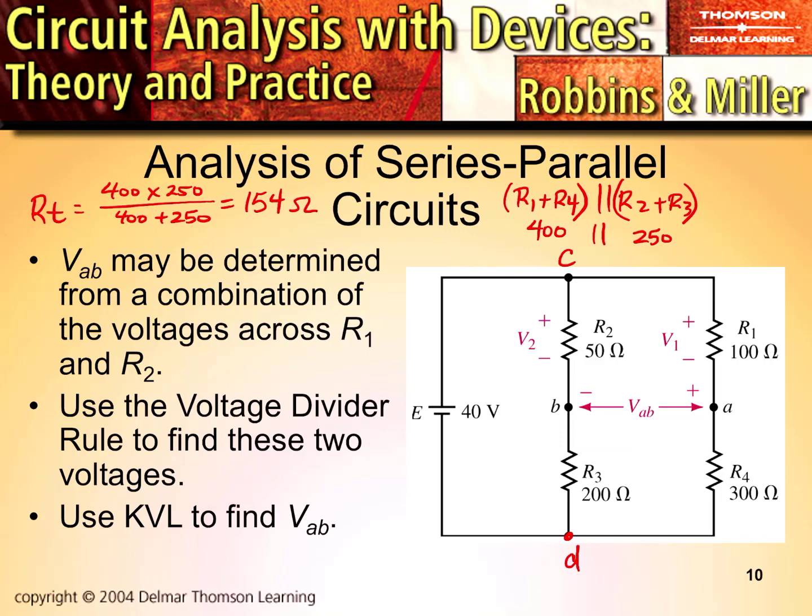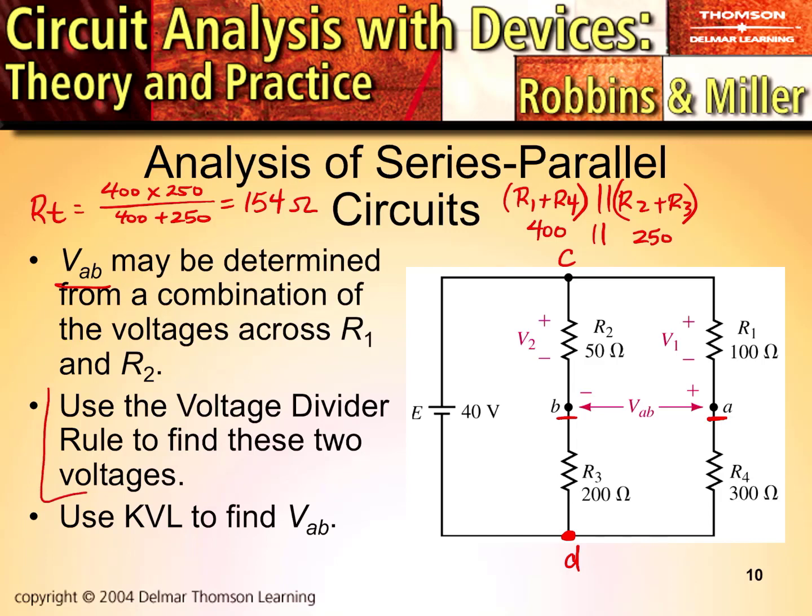So now from there, we can determine our current division, and ultimately what we're looking for here is a value of voltage, VAB. And if we're looking for just that voltage, I would say there's probably an easier way to go about this, and you could just use voltage divider on the two branches to determine a value of voltage at point B and a value of voltage at point A with respect to point D. So that's, if all we were looking for was VAB, that would probably be the most efficient way of doing so.